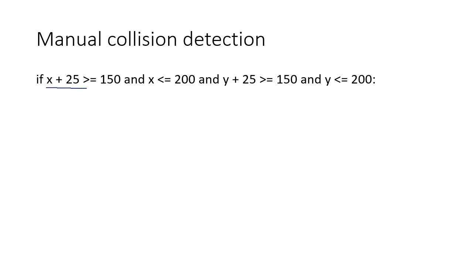From the upper left-hand corner, if the upper left-hand corner has passed the vertical line at 150, so if X plus 25, which is the right-hand side of that square, has passed the left-hand side of the blue square, and not gone too far, right? So it's still to the left-hand side of the right part of the blue square. And then the Y values are also appropriate. So the Y values are between the Y values of the blue square. Then we change the color, and otherwise we don't.